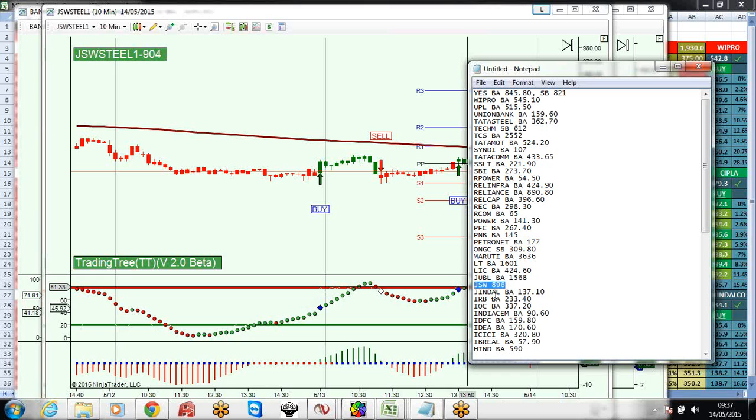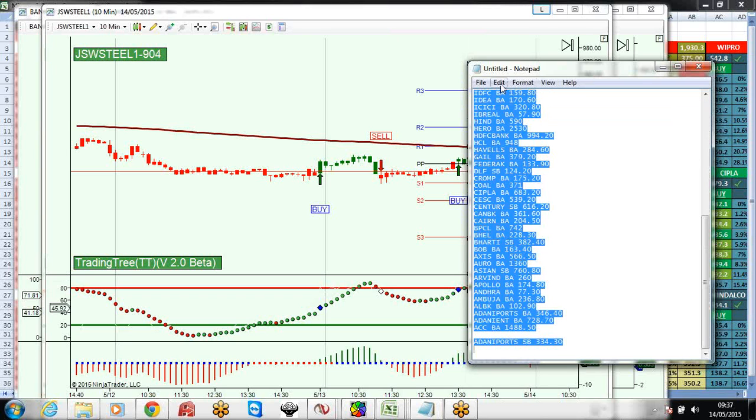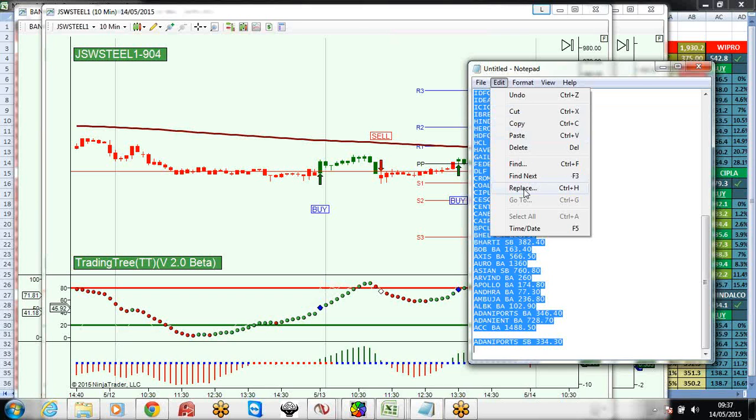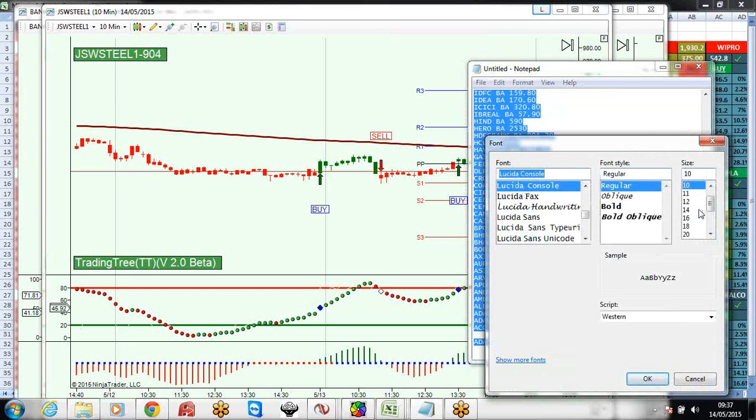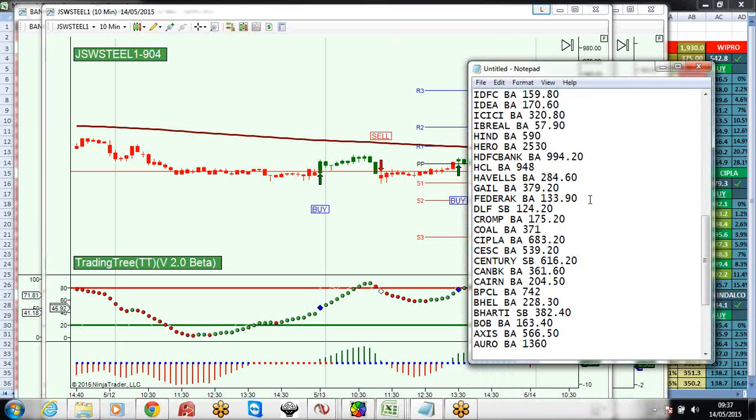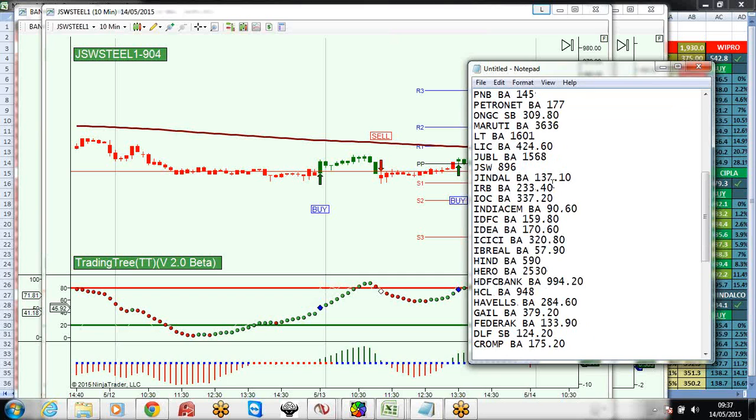JSW 896 was the buy. It is 904 now. In case you are not able to view this, I will just decrease the font size. So JSW 896 was the buy. It's at 904. We'll take even Tata Steel.